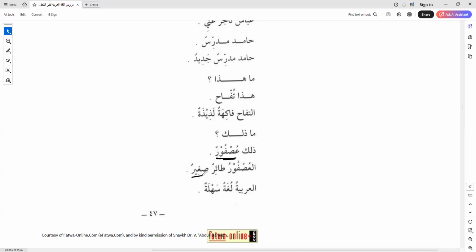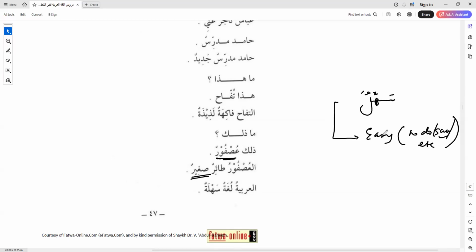And then we have صغير, small. We also learn about sahlun. When something is sahlun, it means it's easy to do, say, eat, or easy to learn, like Arabic.